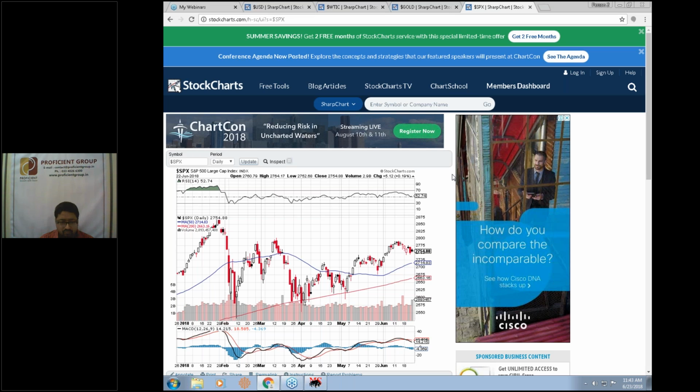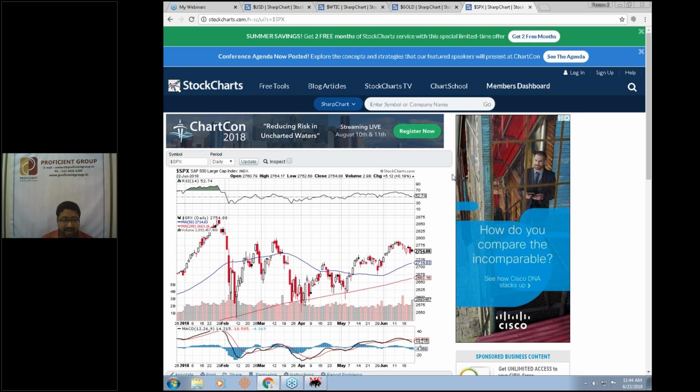So we are reasserting our bullish view in S&P 500 as well, and the immediate stop loss will be 2714 region, and the uptrend will continue unless 2690 is broken.